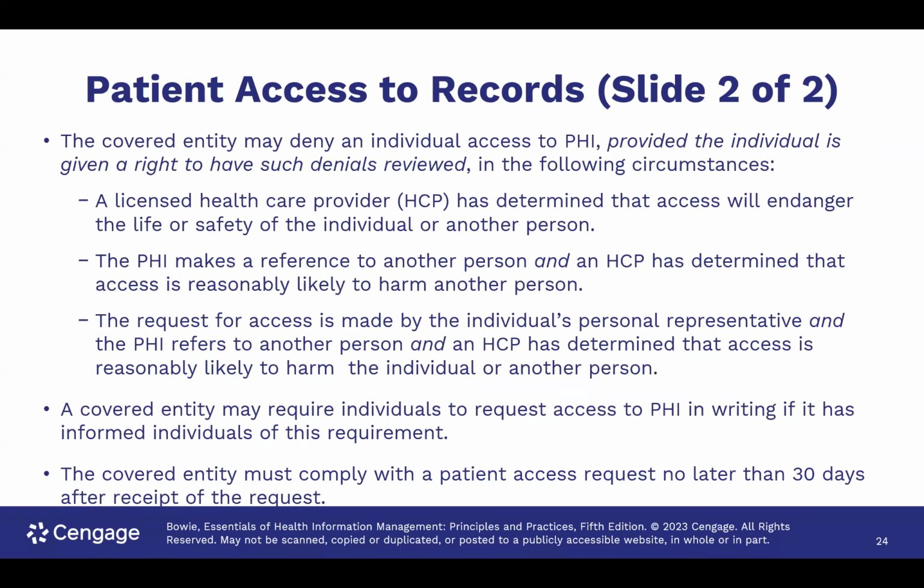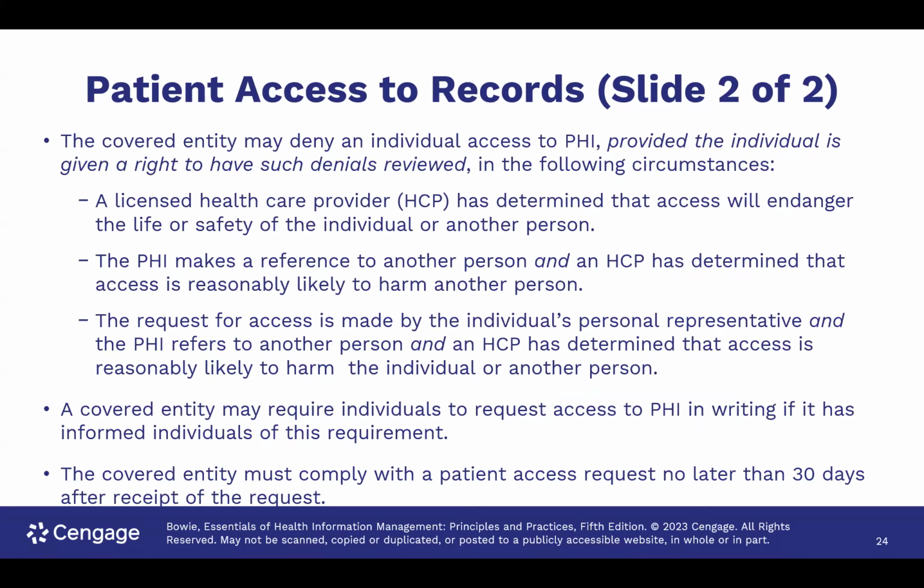The covered entity also may deny an individual access to PHI, provided the individual is given a right to have the denials reviewed. And they give some examples here. A licensed healthcare provider has determined the access will endanger the life of the individual or another person.